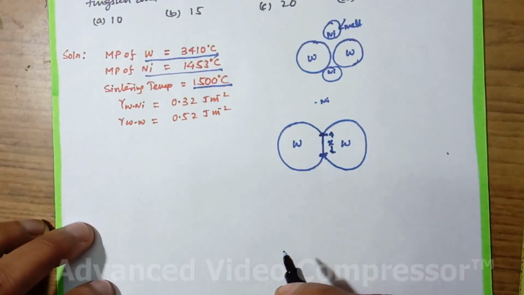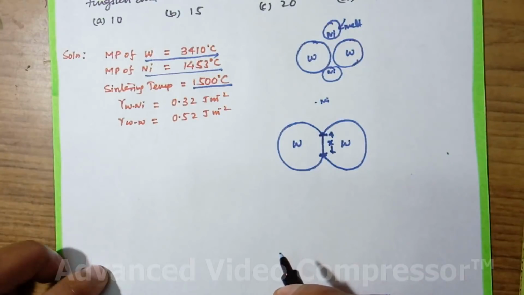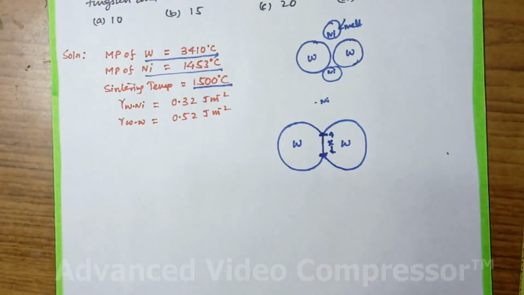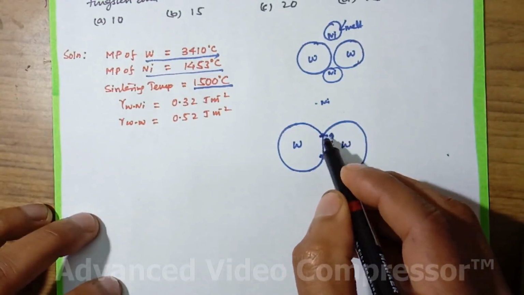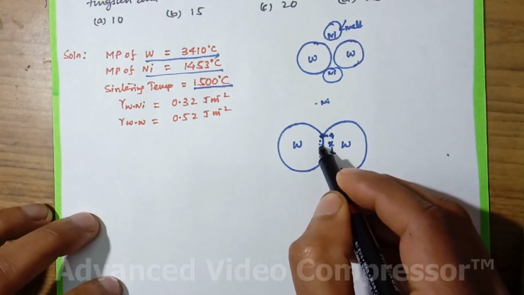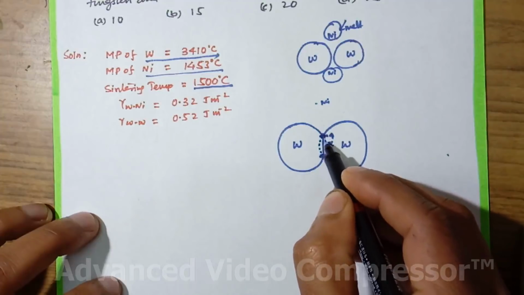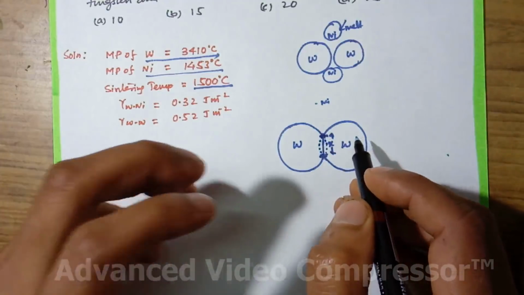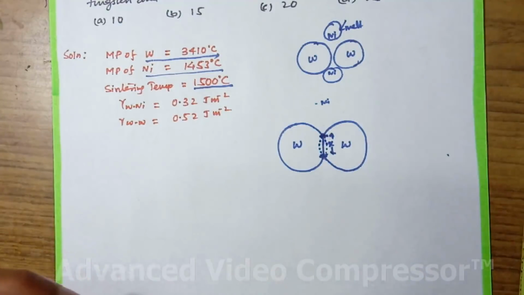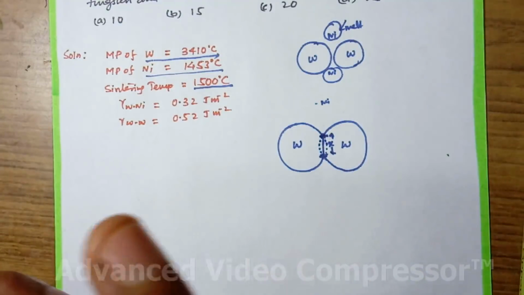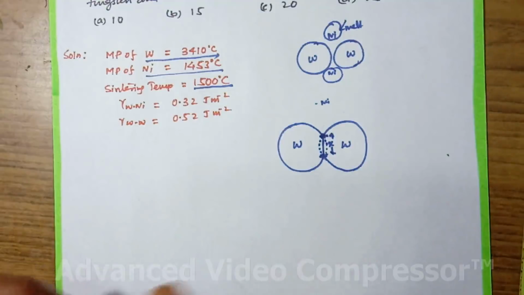Neck is basically the term for the contact between the particles. If you see in three dimensions, this will be a circular contact. You can imagine a sphere and another sphere; when they are in contact, they will contact in an area which will be in the form of a circle.